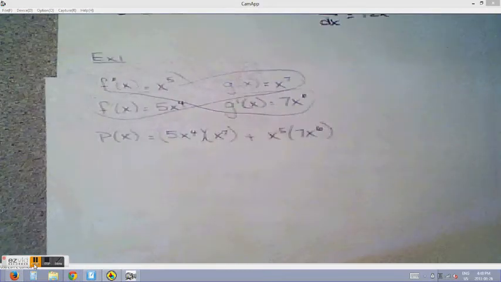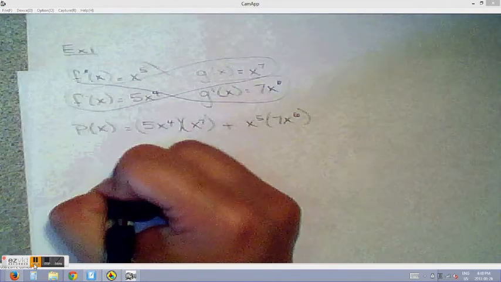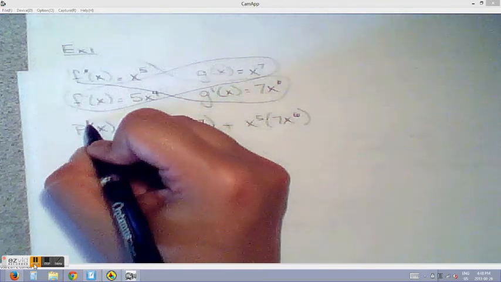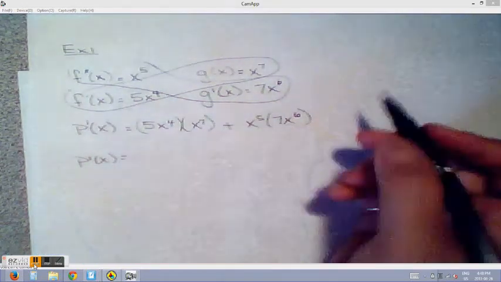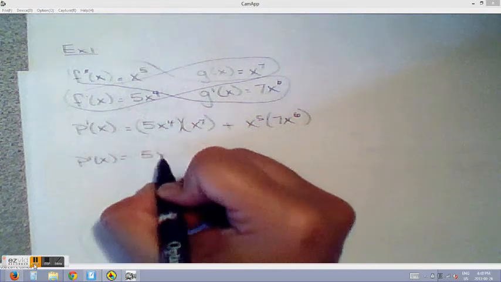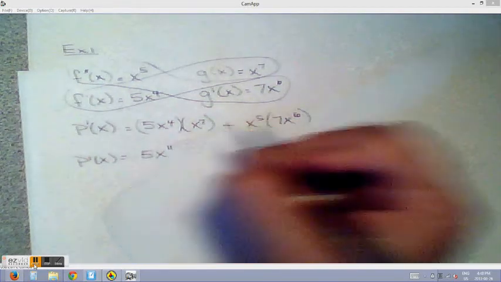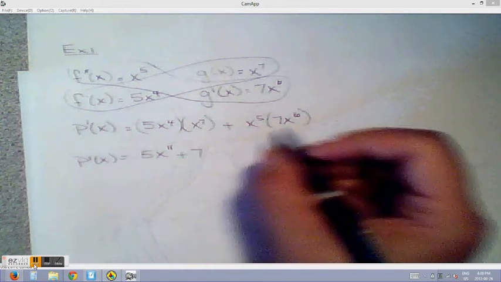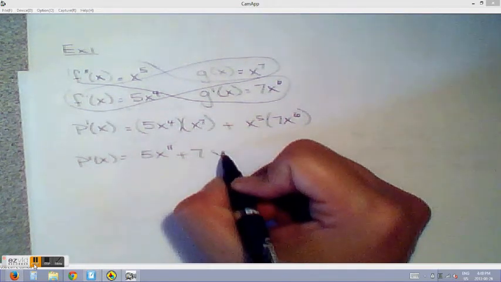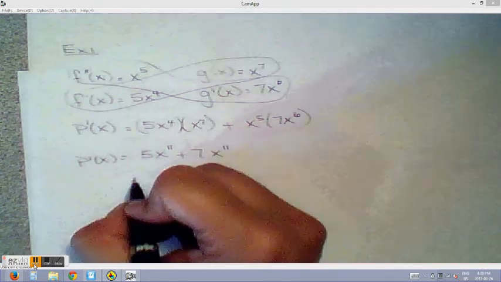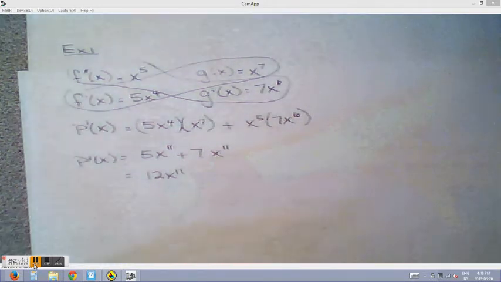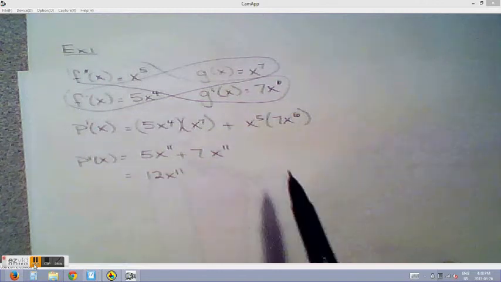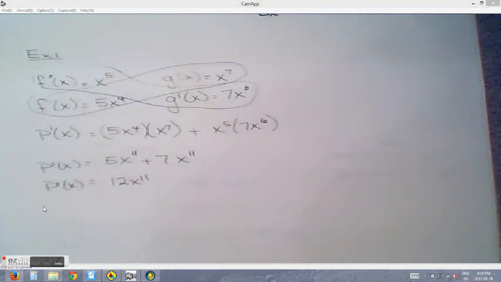Let's simplify that. p prime then is equal to 5x to the exponent 11 plus 7, coefficients always come out front, x to the exponent 11. So that just works out to be 12x to the exponent 11. All I did here was collect like terms and simplify, and that would be our final answer right there.